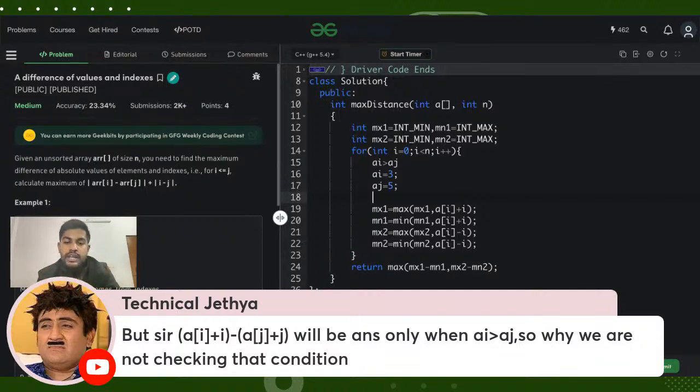This is not the condition, like suppose there is a violation, still we are checking.